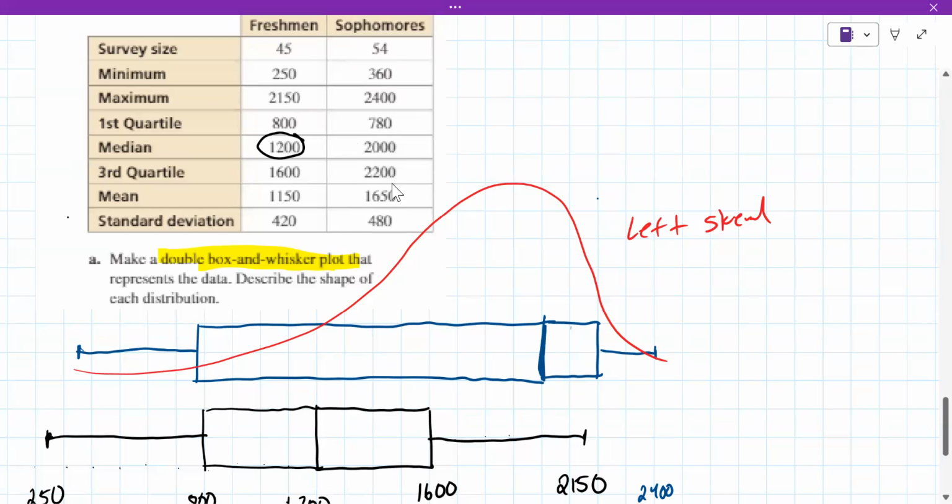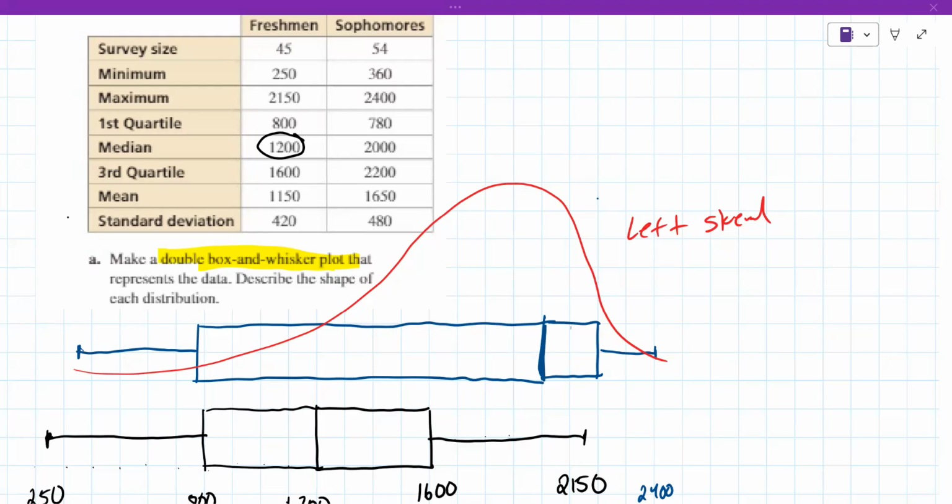But really, you're supposed to say, well, I should use the median for this one and the mean of the other. So sophomores download more music.